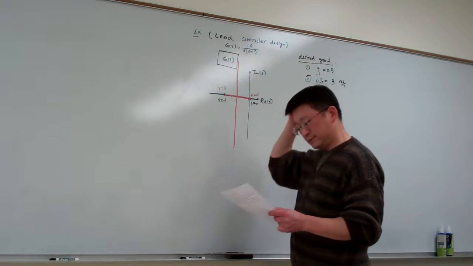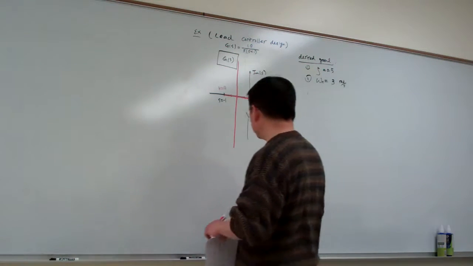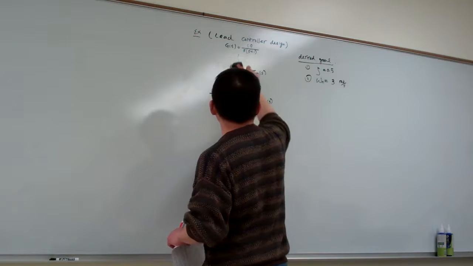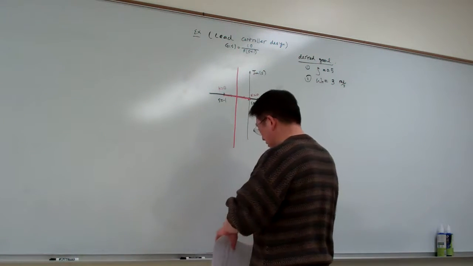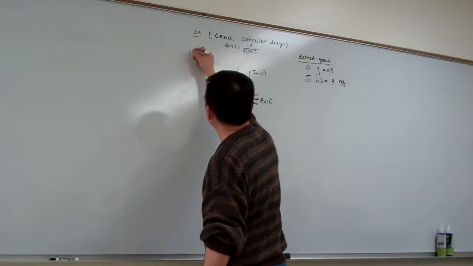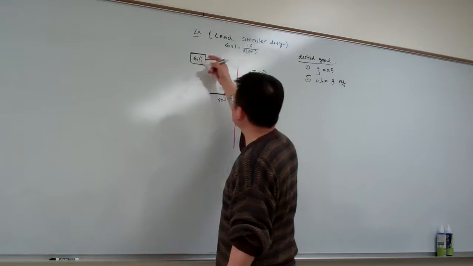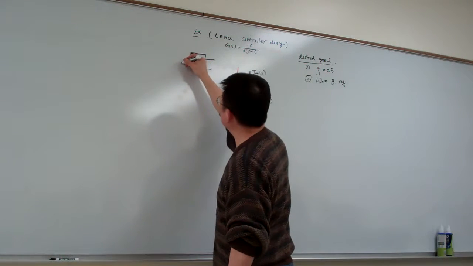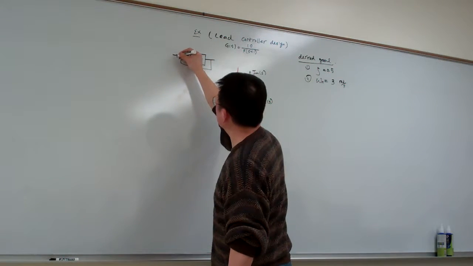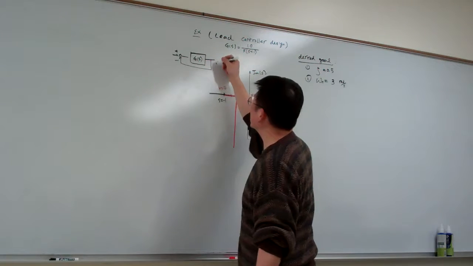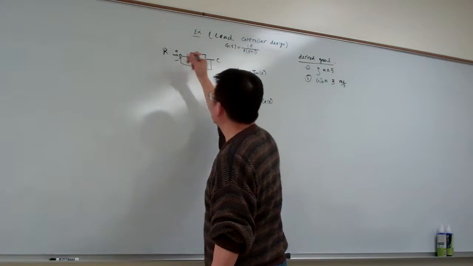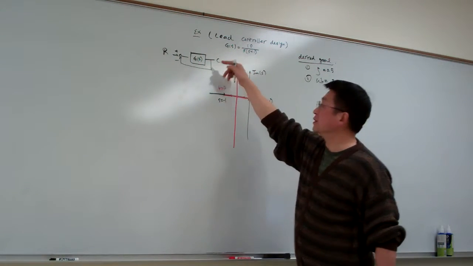I think what I need to do is this. So this is our G(s), and this is our given system. We put the system into a closed loop like this. Okay, so this is C over R. So this is a given.